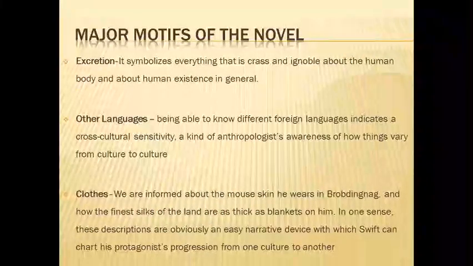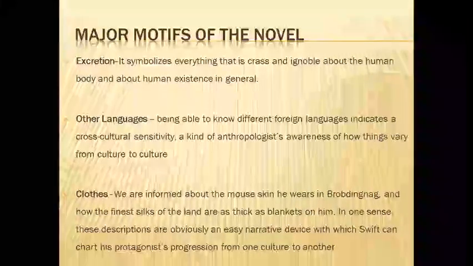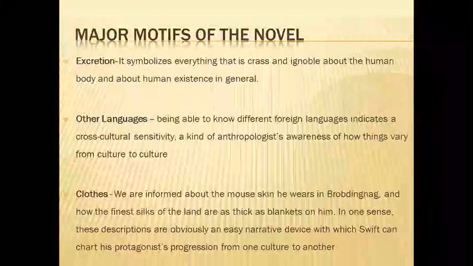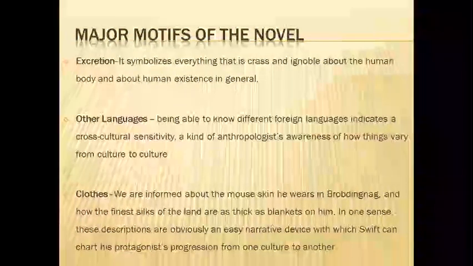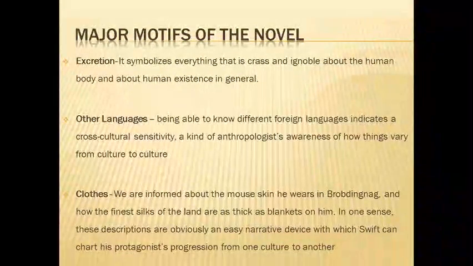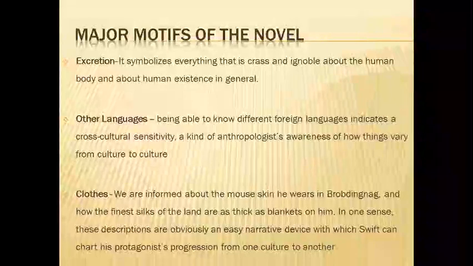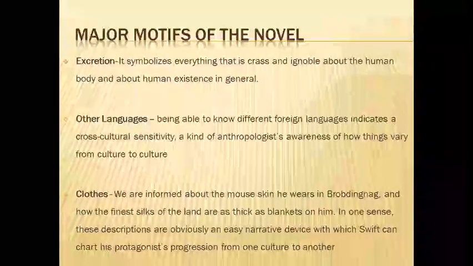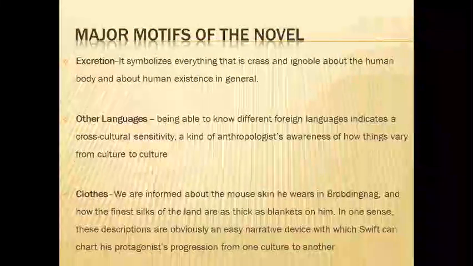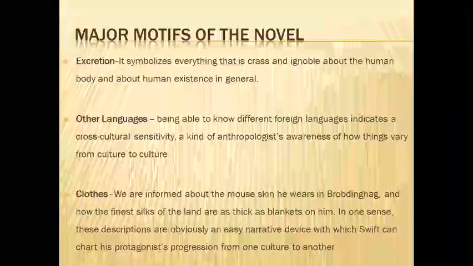And the motif of clothing carries a deeper, more psychologically complex meaning as well. Gulliver's intense interest in the state of his clothes may signal a deep-seated anxiety about his identity, or lack thereof. He does not seem to have much selfhood.